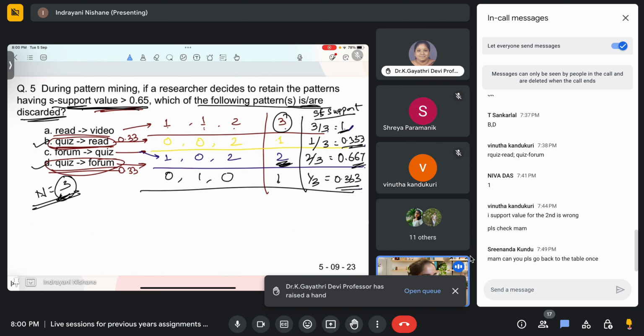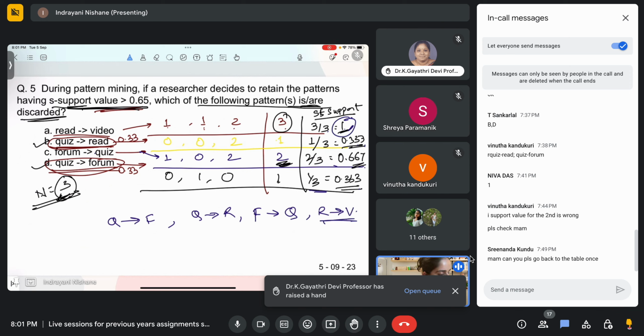In ascending order: 0.33, this is Q to F, then 0.33 Q to R, then forum to quiz, F to Q, and lastly with 1, read to video. This is 1, so this is most frequent.